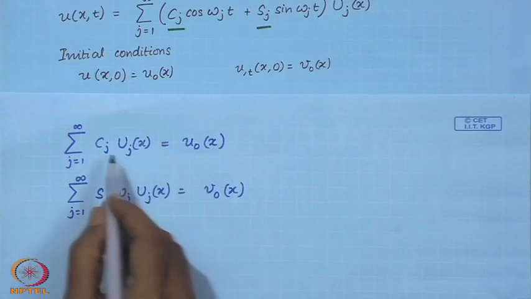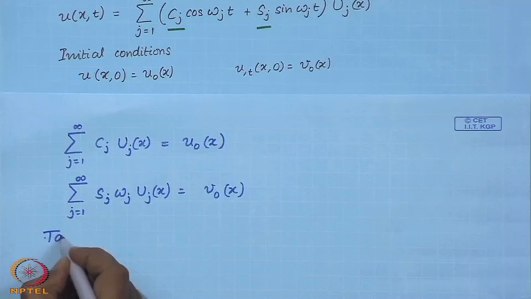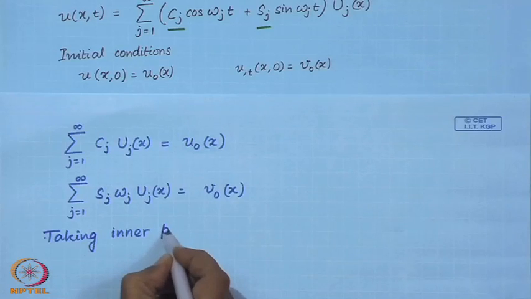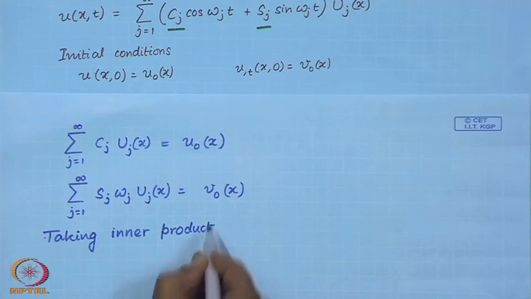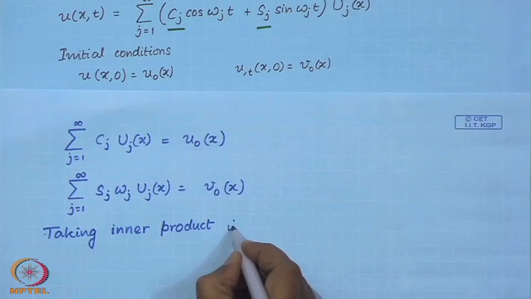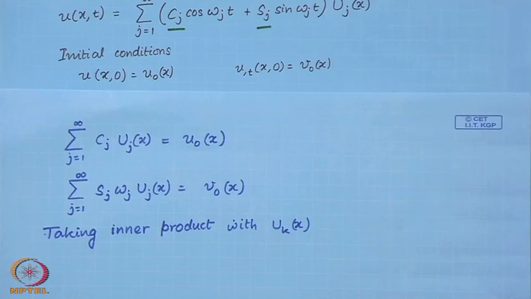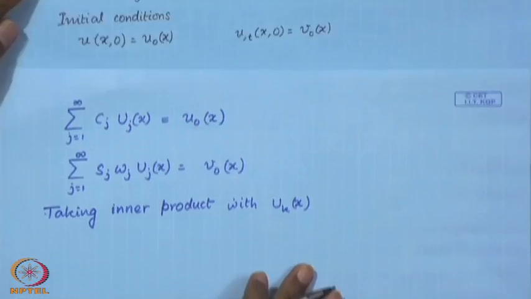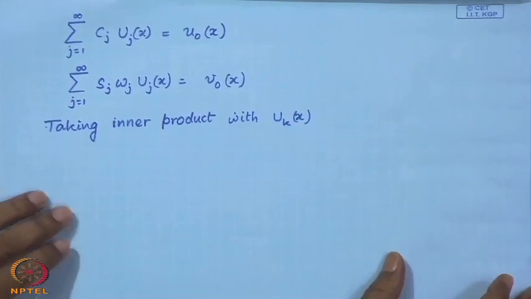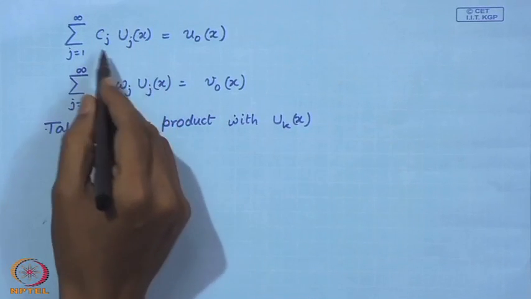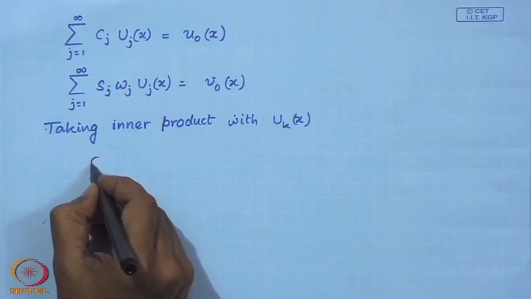So, suppose I take the inner product with, let us say, u k, then I can write, so once I take inner product with u k, this filters the kth term.